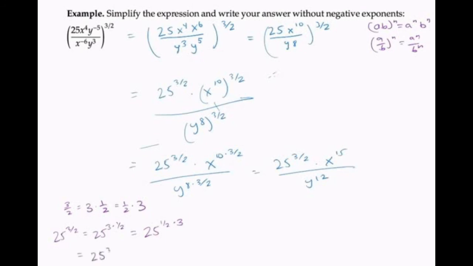I can think of this as 25 cubed to the 1/2 or as 25 to the 1/2 cubed, since when I take a power to a power, I multiply the exponents. 25 cubed to the 1/2 might be hard to evaluate, since 25 cubed is a huge number, but 25 to the 1/2 is just the square root of 25, so I have the square root of 25 cubed, or 5 cubed, which is 125.